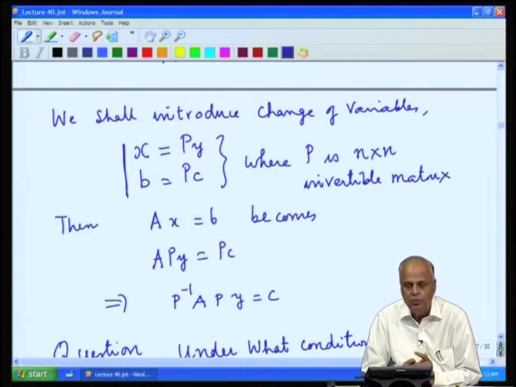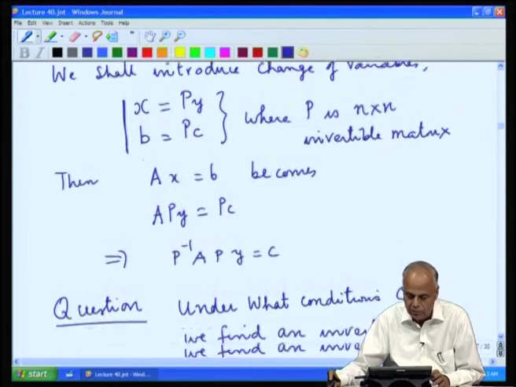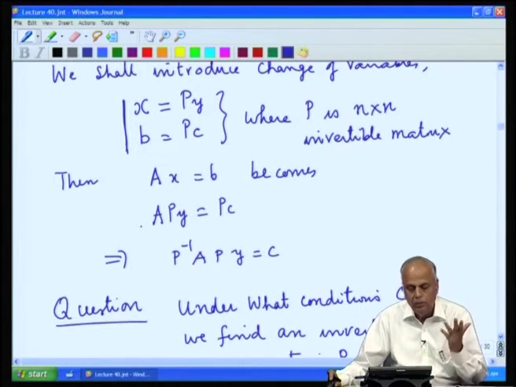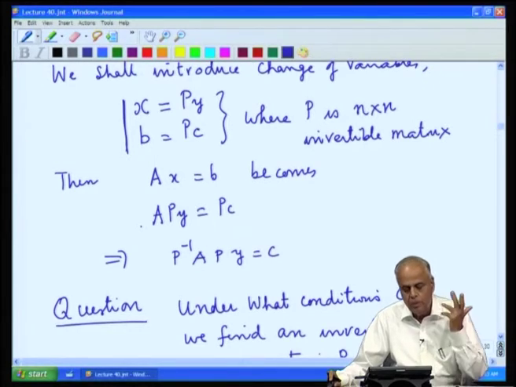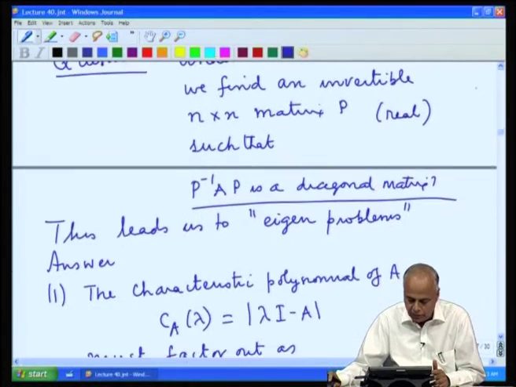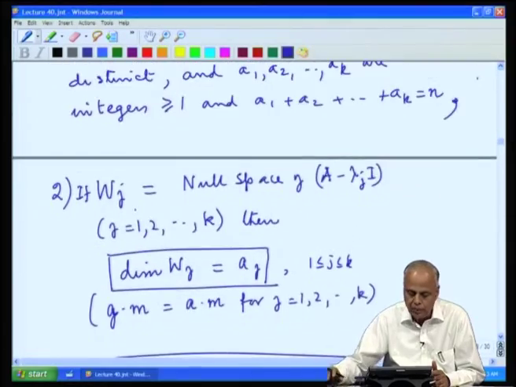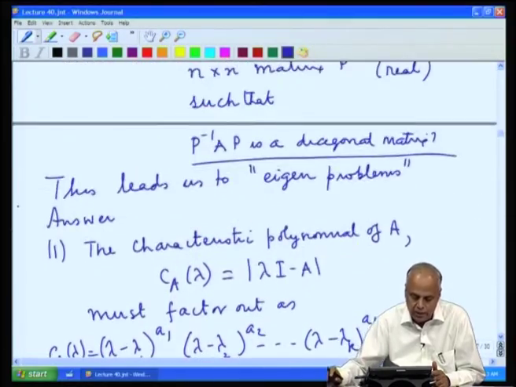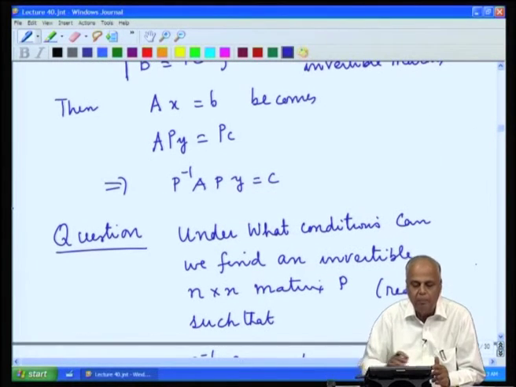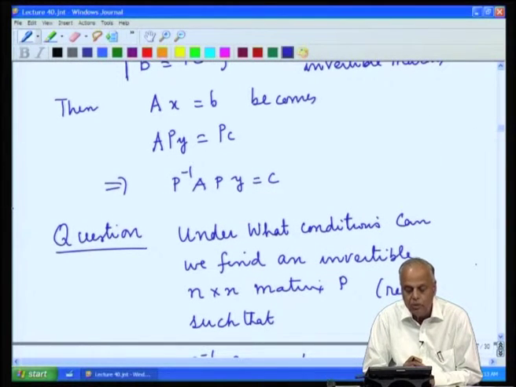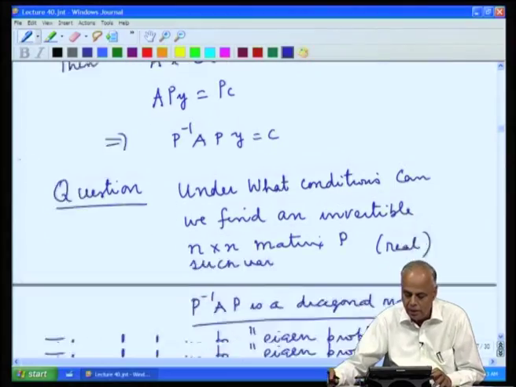Can we not use two different changes of variables, like x equal to P y and b equal to P c, or x equal to Q y and b equal to R c? So, we asked this: if we change that, then instead of asking P inverse A P to be diagonal, we will ask Q inverse A P to be diagonal.